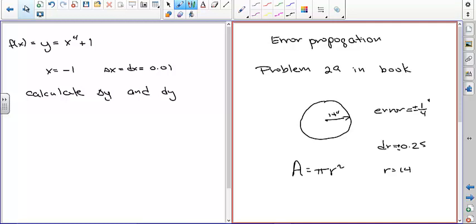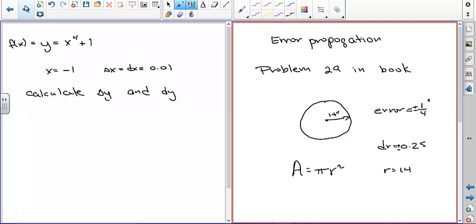You can also use this stuff for error propagation. This is problem 29 in your book. In physics, we had significant figures, and we're assuming that it's some value. Significant figures is kind of like plus or minus. If you have one significant figure, it'd be like plus or minus 0.05, because 0.1 would be 1 decimal point.